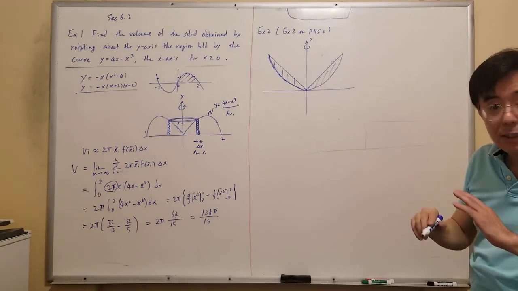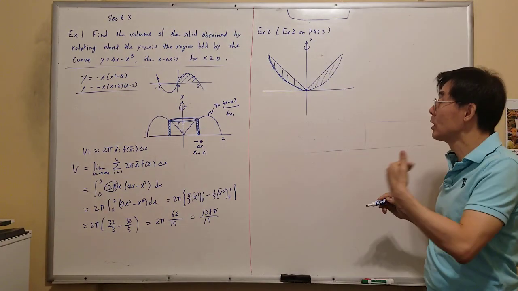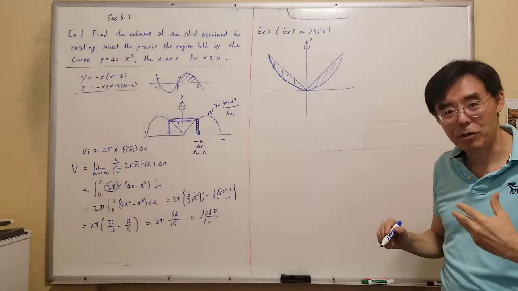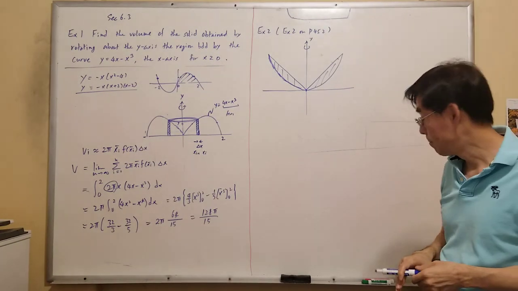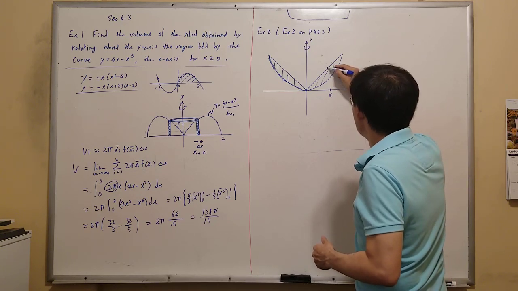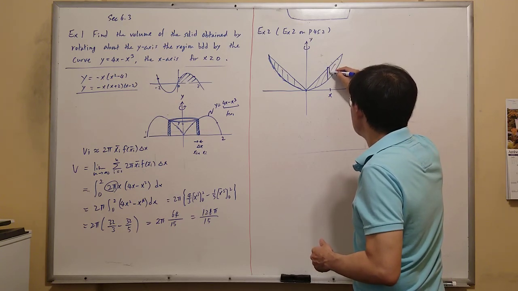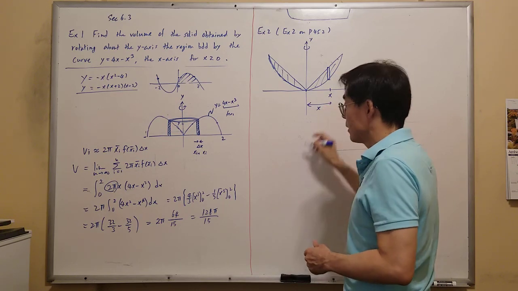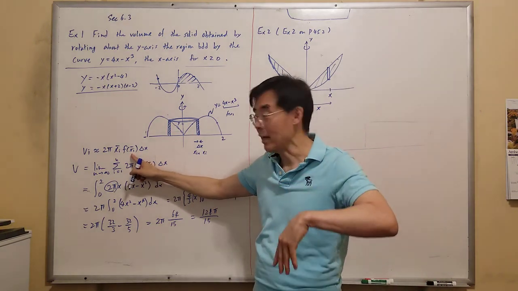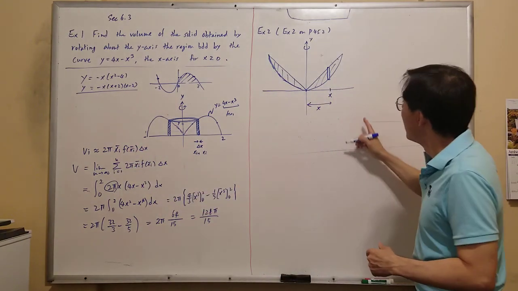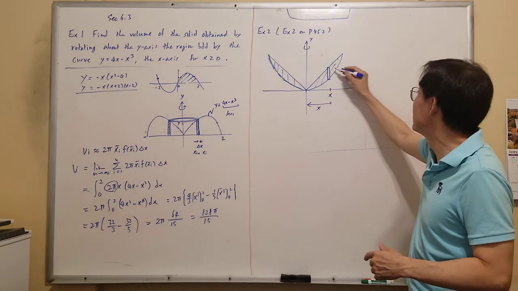Well, this one can easily be done by using the washer method. It's easy, it's not that hard. But let's practice the cylindrical shell. For a given x, the height. Now, the difference is the radius is x. Let's just use x instead of x_i, r. This is the radius.